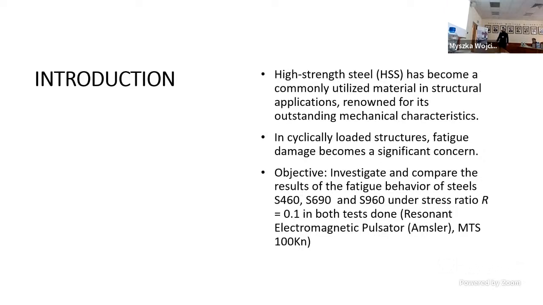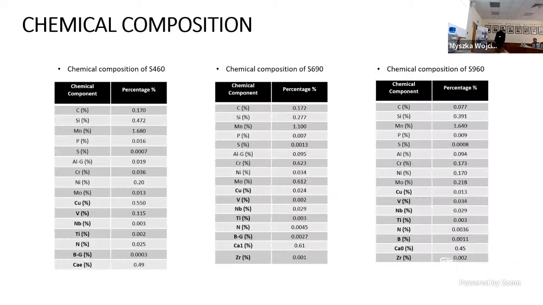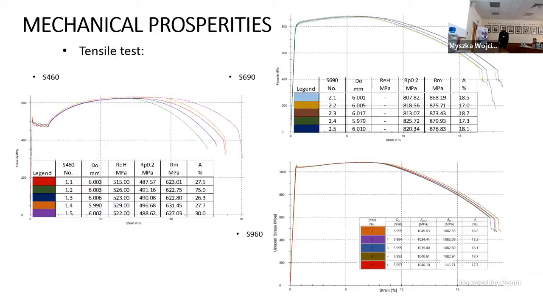The comparison will be done based on two machinery sets. One was done here in this institute, the mechanical testing machine, 100 kilonewton, and one was done in Brno at the Institute of Physics of Materials, the Amsler machine. Looking at the material, we can see the chemical composition as provided by the manufacturer for all three types of steels, then some mechanical properties.